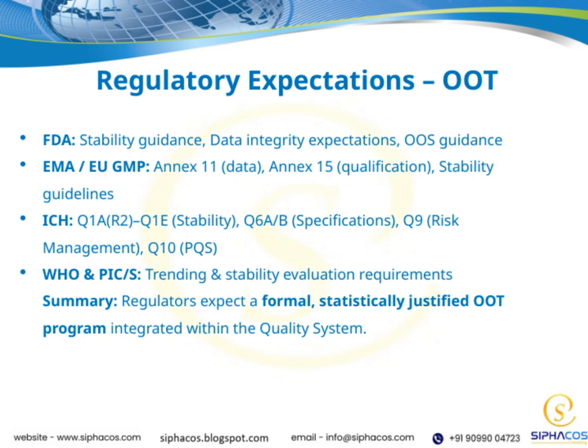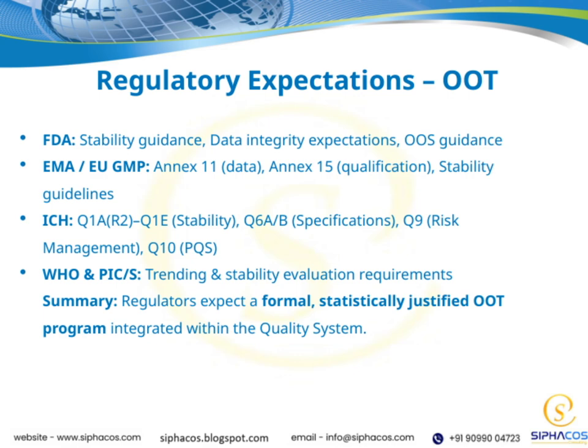Then there's ICH, which provides comprehensive guidelines that many regulators worldwide follow. For stability, we look at Q1A R2 through Q1E for specifications. Q6A and Q6B are key. Risk management is addressed in Q9, emphasizing proactive approaches to quality, and Q10 outlines the Pharmaceutical Quality System, or PQS, which integrates these elements into a cohesive framework.